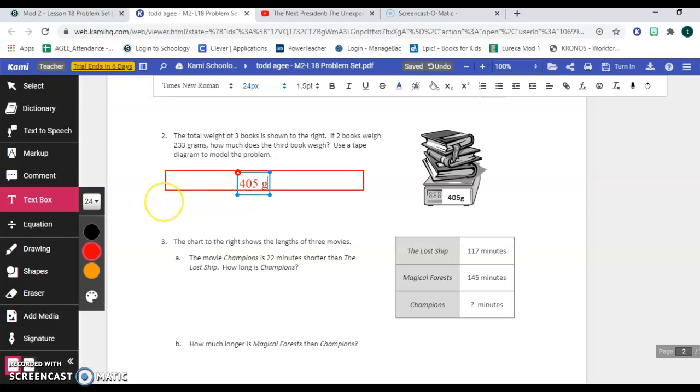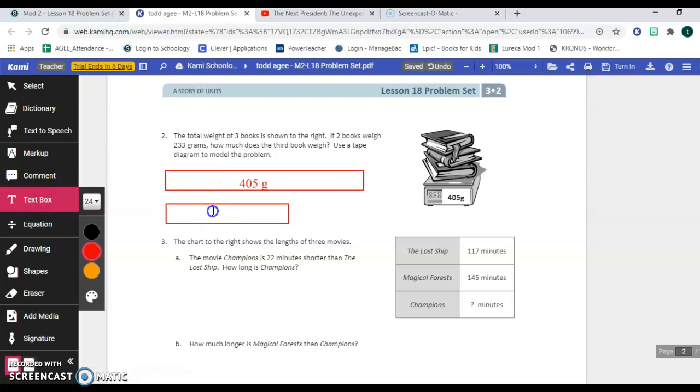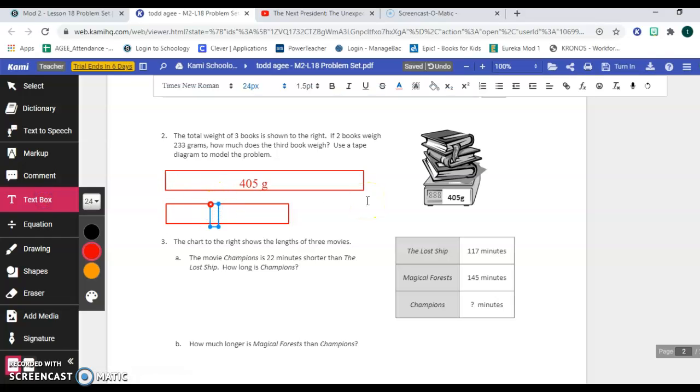Now I'm going to build a second tape here that represents 2 of those books, okay? That represents 2 of the books. So I'm going to line up the left-hand edge here to show that 2 of those books are 233 grams. It's a little bit more than halfway, so I'll probably go back about this way here. And now I'll build this tape to say 233.